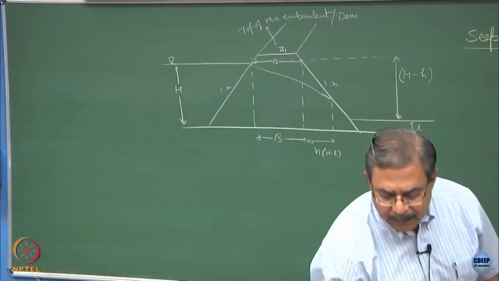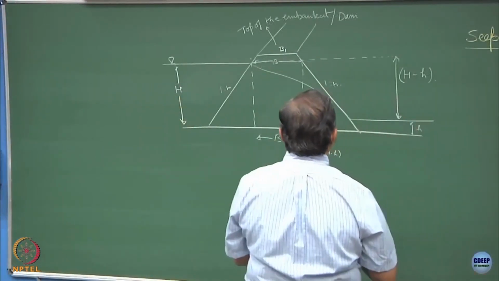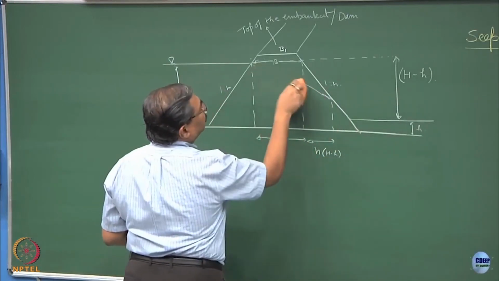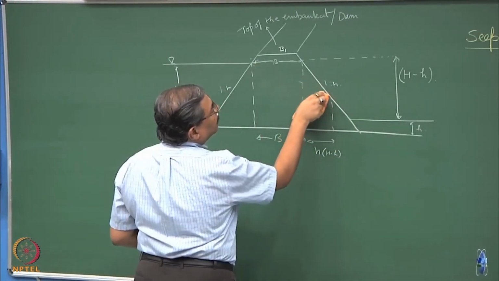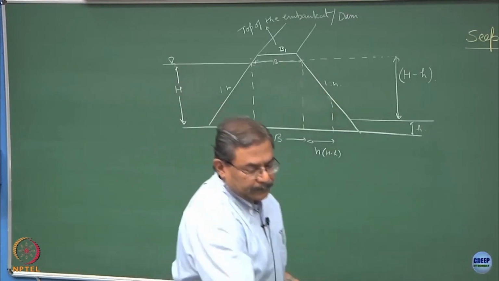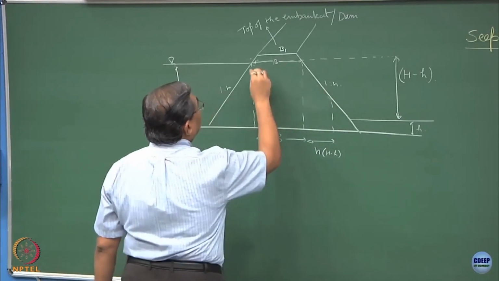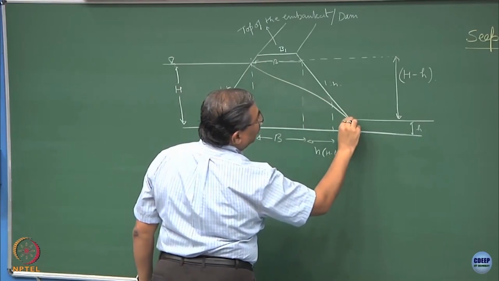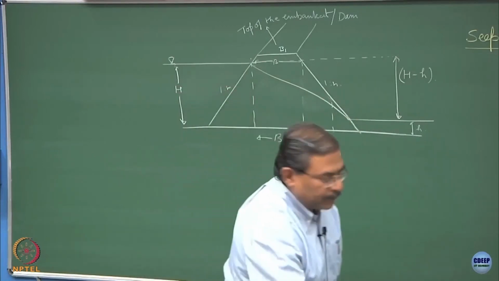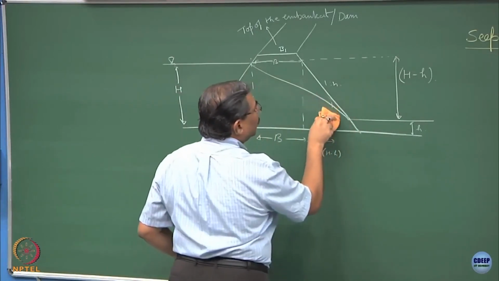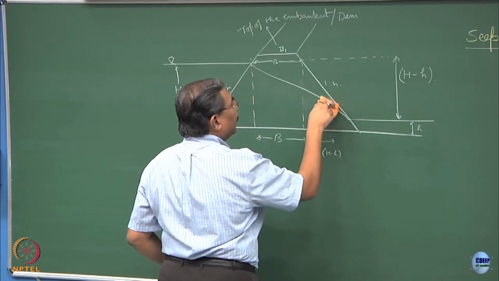minus h. I think the first analysis we should be doing is with the, I will have to change the phreatic line. Yeah, you are right. So, I was not very careful when I drew this. Thank you.